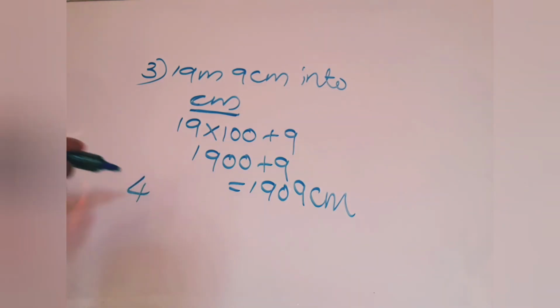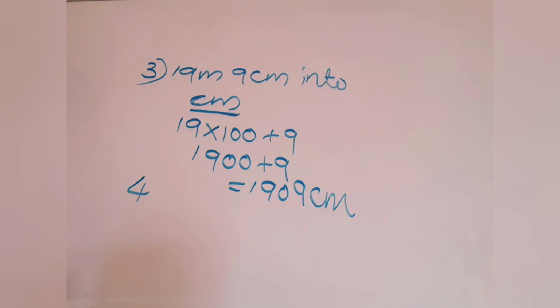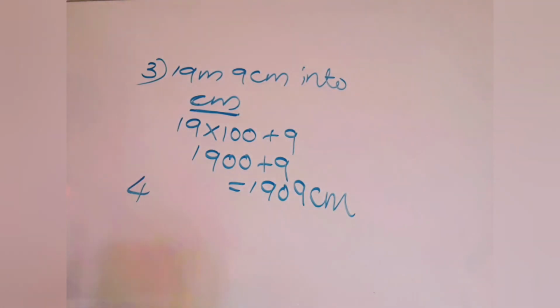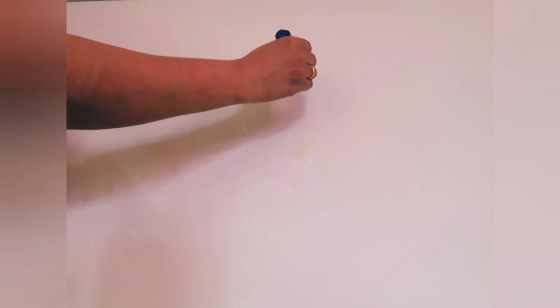I hope it is clear: 19 into 100 plus 9, 1900 plus 9, 1909 centimeter. Next, if you get a 3 digit number, same simple question, 900 centimeter into meter.